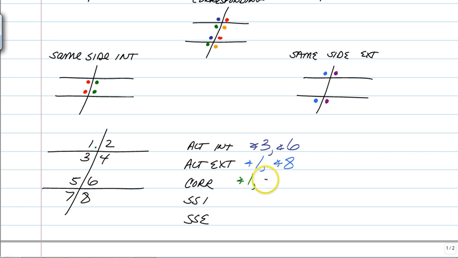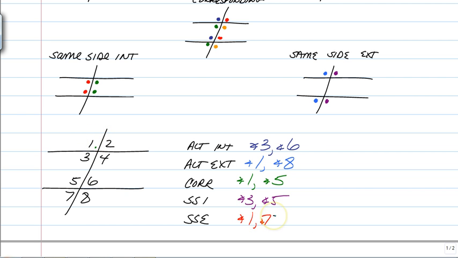And then we'd have to go to angle 5, top left of the intersection. Same side interior: two angles that are on the same side of the transversal and both inside the two lines. That would be angle 3 and angle 5. And finally, same side exterior. We have to pick the same side of the transversal and exterior angles, so 1 and 7.